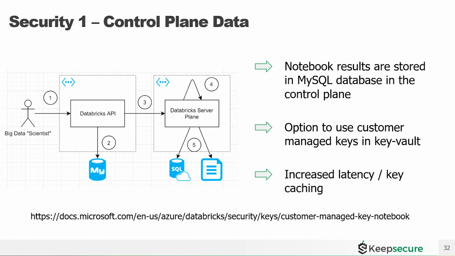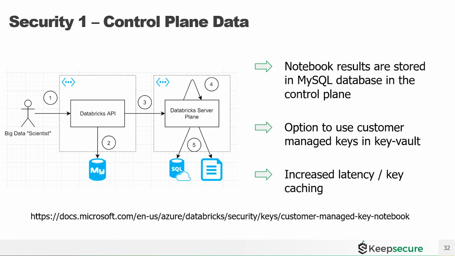So the first one is a security concern, which is around the control plane. This slide's a little bit out of date because there's some newer features here, but the important thing to understand is that when you're executing notebooks in the Azure Databricks environment, the result of that notebook is stored by default in a MySQL database that you don't control.